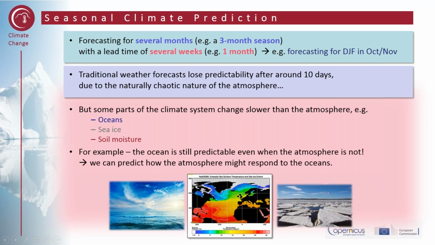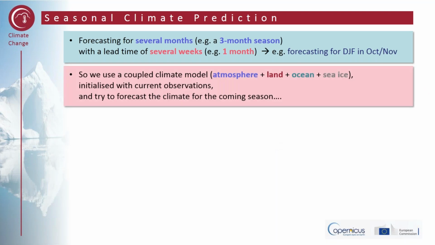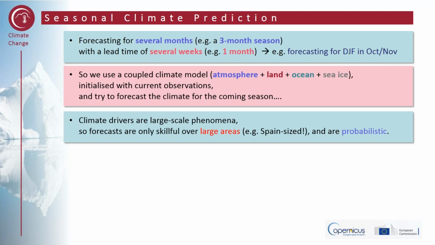You can think of it like the ocean is still predictable even when the atmosphere isn't, and we can predict how the atmosphere might then respond to the oceans. So this means we have to use a coupled climate model for seasonal forecasting. We have a model of the atmosphere, a land surface model, an ocean model, and a sea ice model all linked together. Then these are initialized with current observations, and we run it forward to try and forecast the climate for the coming season.